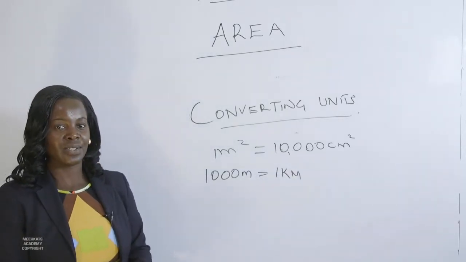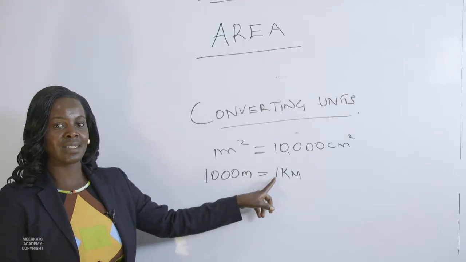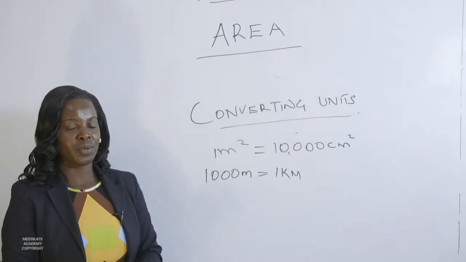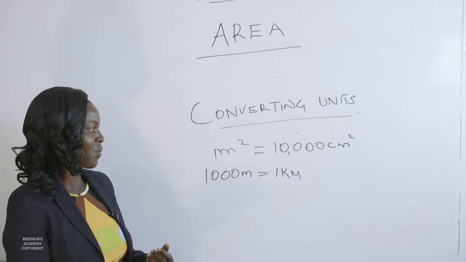We know from our previous lesson that 1,000 meters gives us 1 kilometer. How do we get a square kilometer?